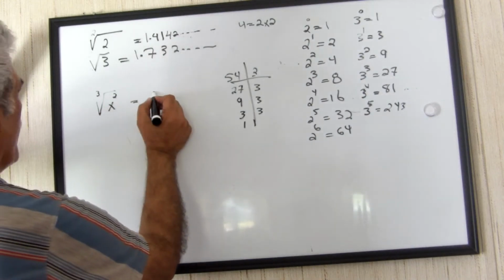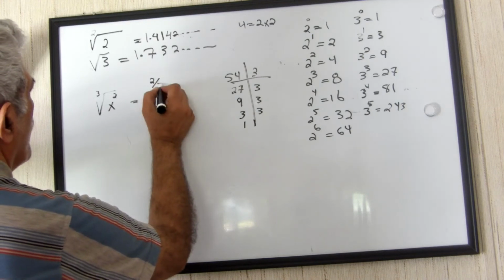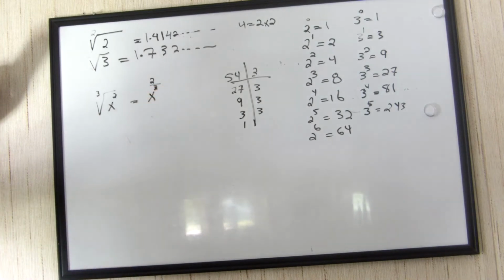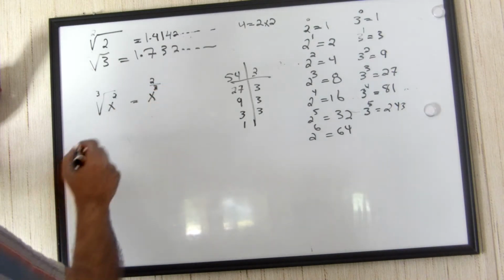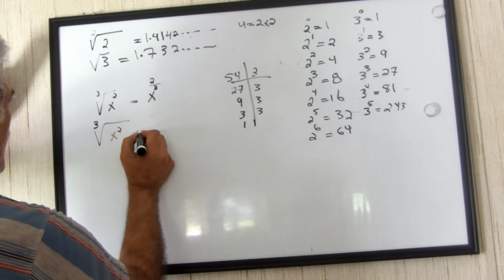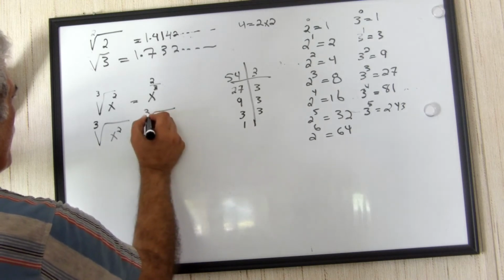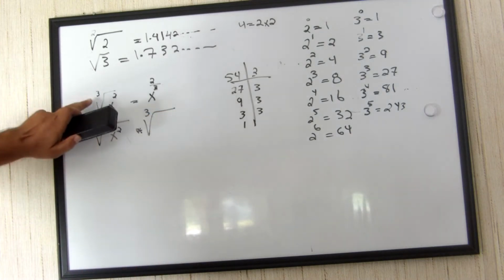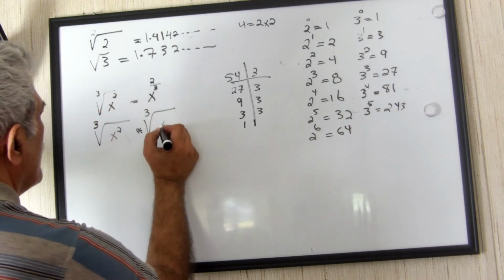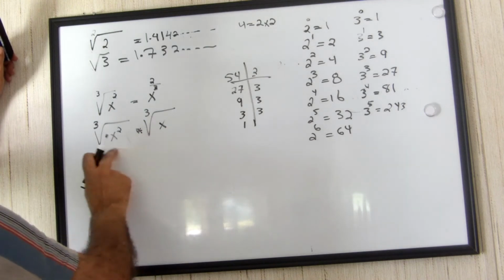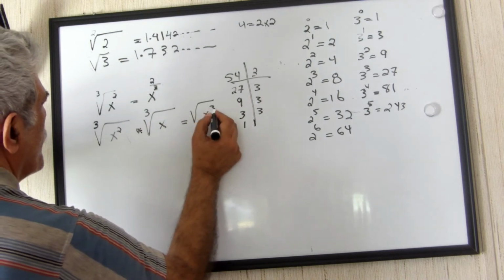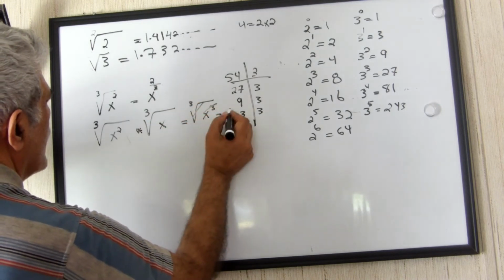You can write it this way: x to the power of 2 over 3, 2 divided by 3. You can write this way too. Now if you have multiplication, x to the power of 2 over 3 times the cubic root of x. What's going to be? We can multiply this together: x to the power of 3 over 3. This cancels out, and the answer is going to be x.